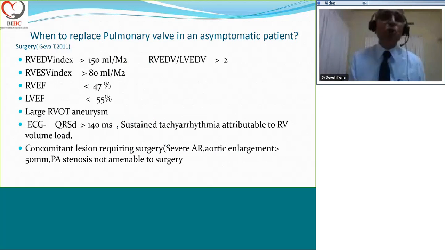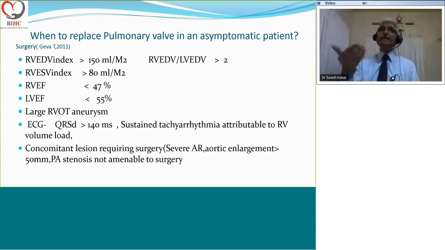I would strongly recommend you go through this paper, which has laid down these criteria based on cardiac MRI: an end diastolic volume indexed to body surface area of 150 ml or end systolic volume of 80, an RV ejection fraction less than 47, LV ejection fraction less than 55, RVOT aneurysm, and a long QRS duration more than 140 milliseconds; more than 180 predicts less chance of the RV returning to normal.